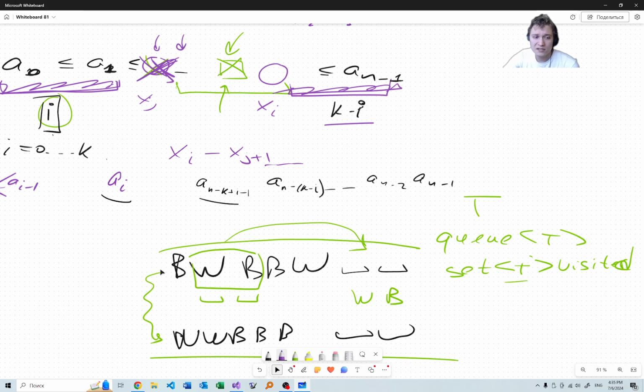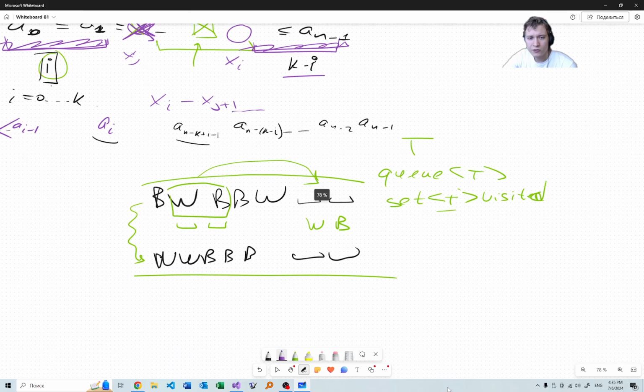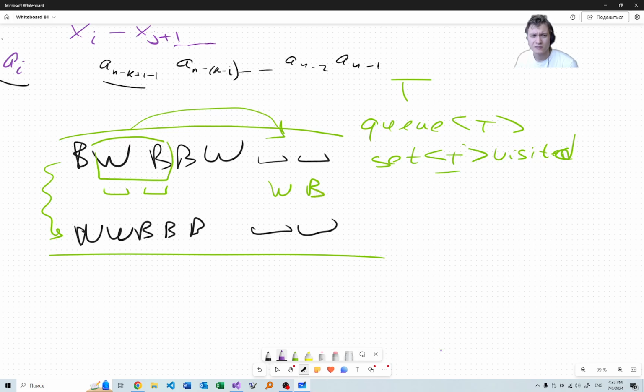However, in this problem, you could avoid working with sets over arbitrary objects like strings. Instead, you can store the state compactly. You can just store the mask of all B's, for example 0, 2, 3, so you store this number.